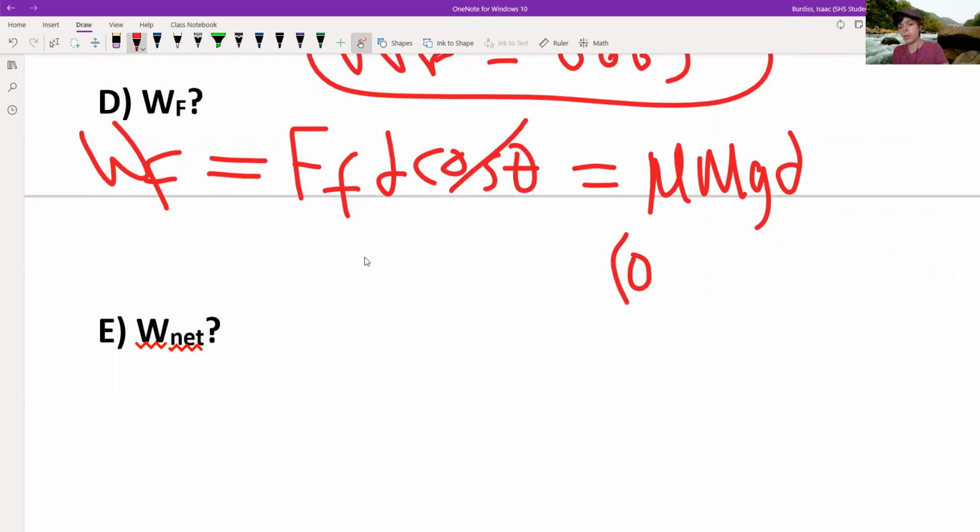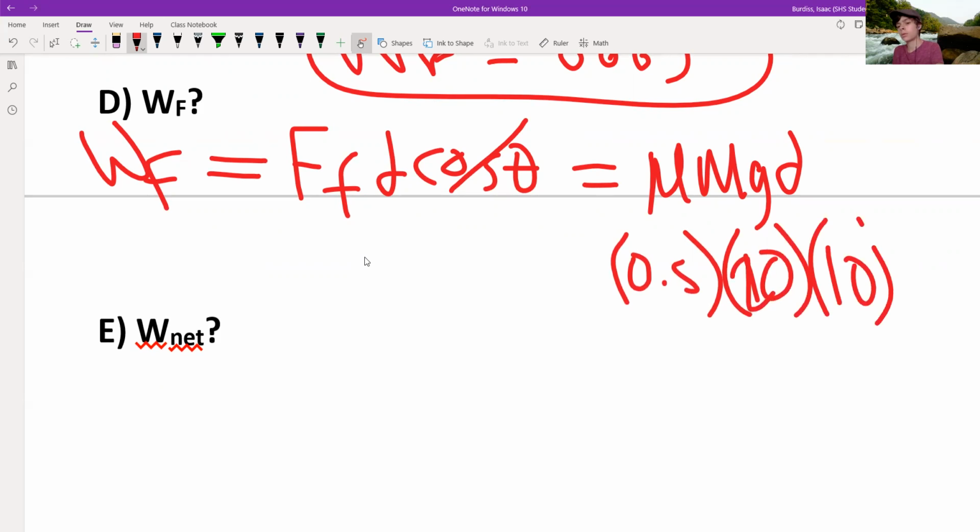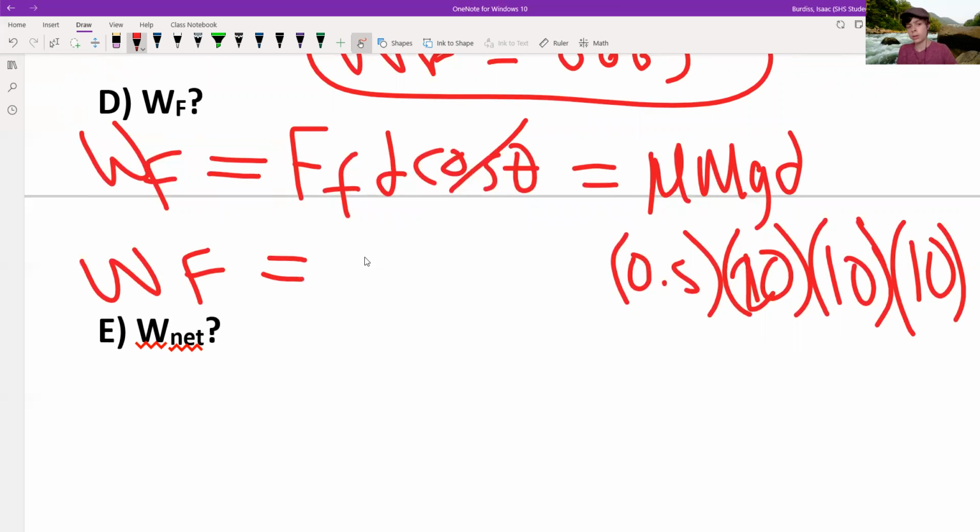So that mu is 0.5, mass is 20, gravity is 10, distance is 10. So the work for friction is, oh, sorry, something very important, negative, because the friction force is negative. I already said that at the beginning of the video. That is negative 750 Newton meters.